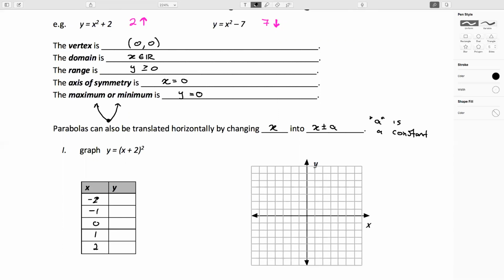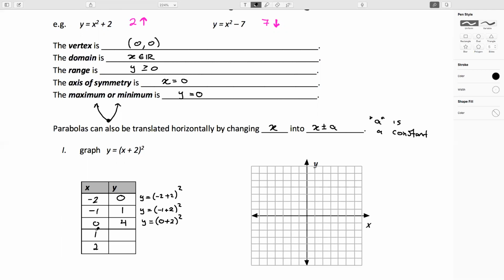And we'll figure out how these are going to relate to points on our graph. So if we plugged -2 into our function, we'll go through some sample calculations here. This is going to be y equals (-2 plus 2) squared, which is 0 squared, or 0. This would be y equals (-1 plus 2) squared, which is 1 squared, or 1. x is 0 gets us the y value of (0 plus 2) squared, which is 4.